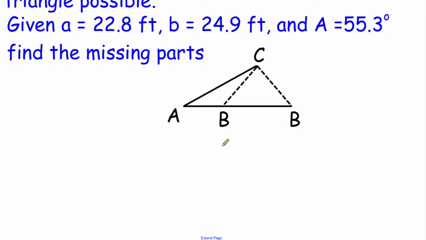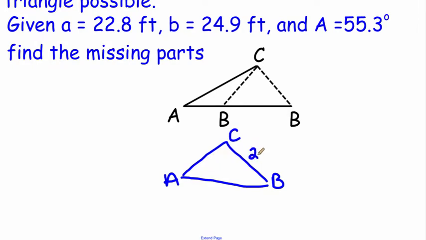So here's triangle 1, with angle A, angle C, and angle B. And I know that side A is 22.8 feet. I know that side B is 24.9 feet. And I know that angle A is 55.3 degrees.